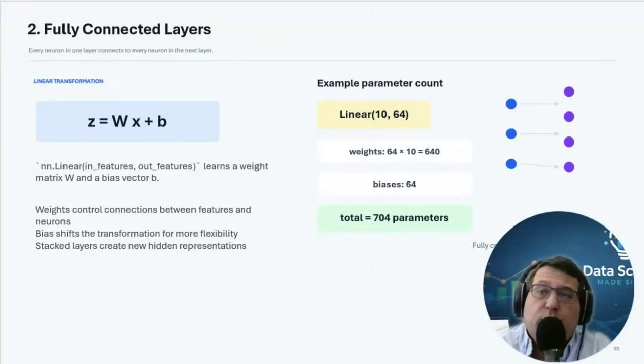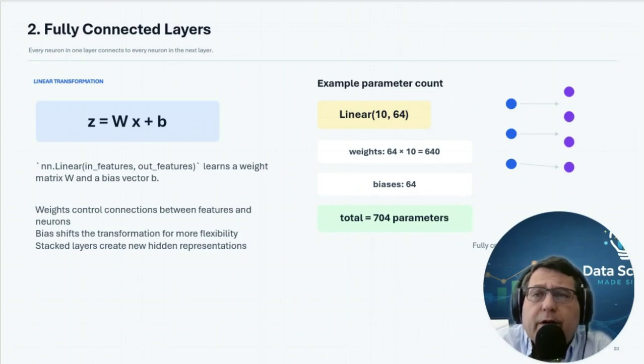Now let's look at the fundamental building block of an MLP, the fully connected layer. A fully connected layer means that every neuron in one layer can connect to every neuron in the following layer. In PyTorch, we implement this using nn.Linear.